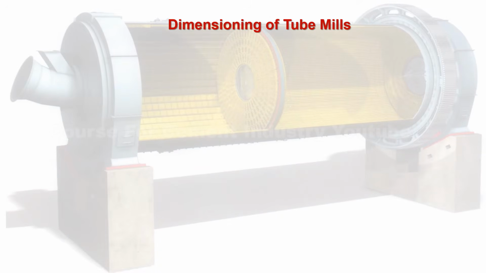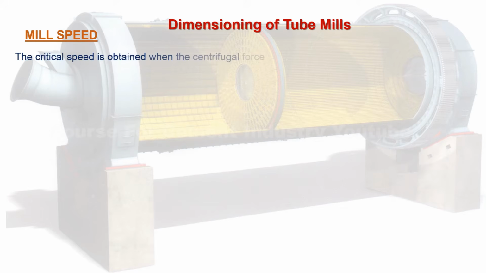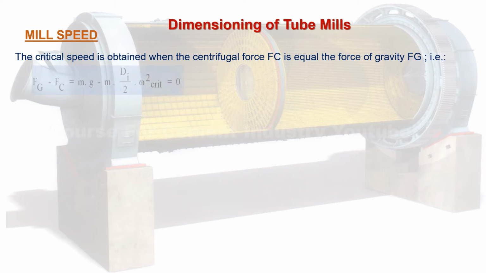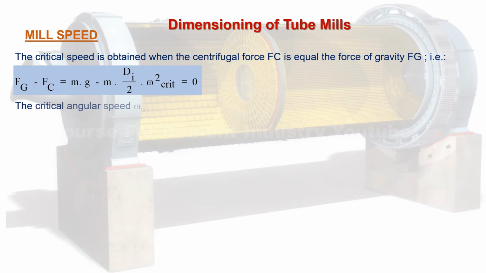Let's follow together the mill speed. How to calculate the critical speed for a tube mill? See this example. The critical speed is obtained when the centrifugal force is equal to the force of gravity. The critical angular speed will then be as follows.